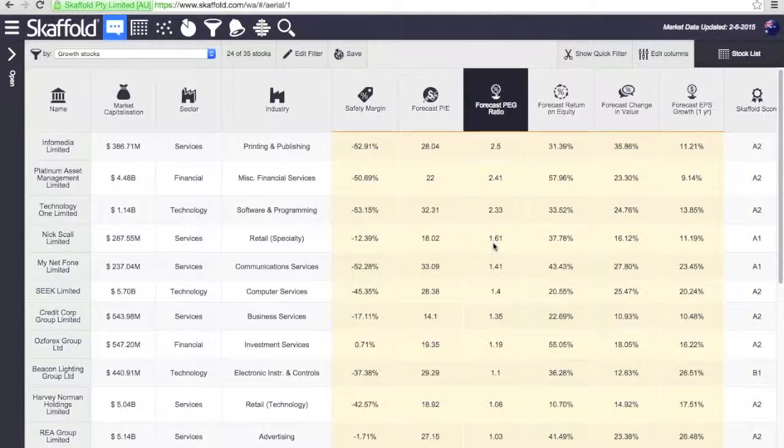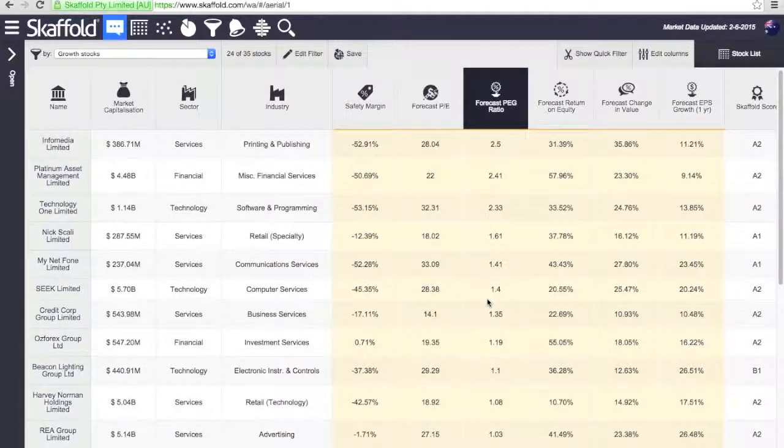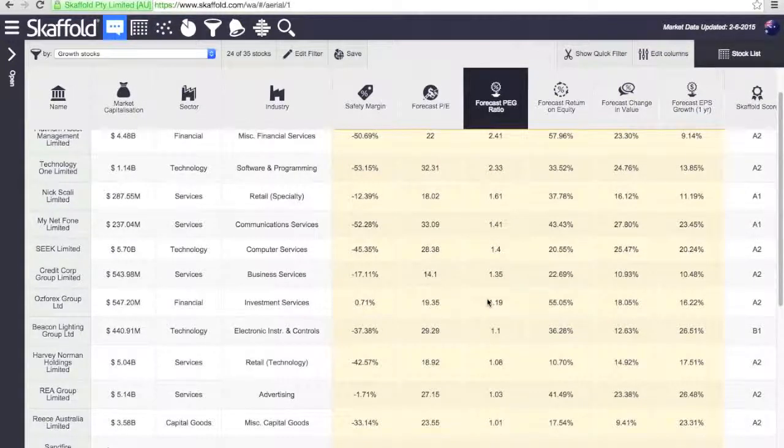The idea being that stocks with a value of less than 1 are trading at a good discount to their PE ratio when taking into account the level of growth that's being factored in. So you're looking for less than 1, ideally, in that particular ratio.